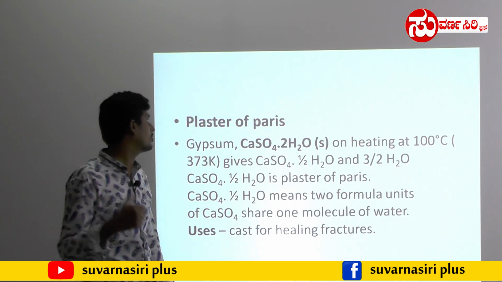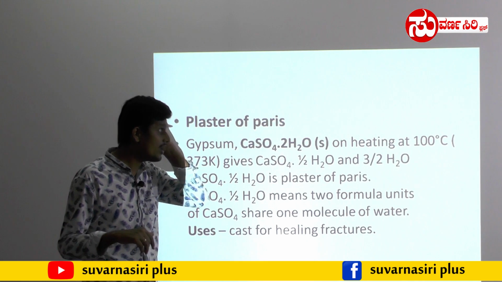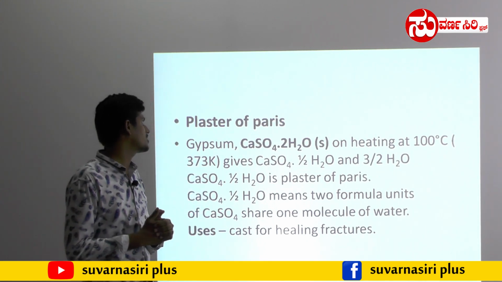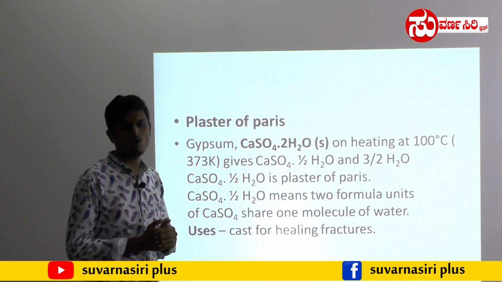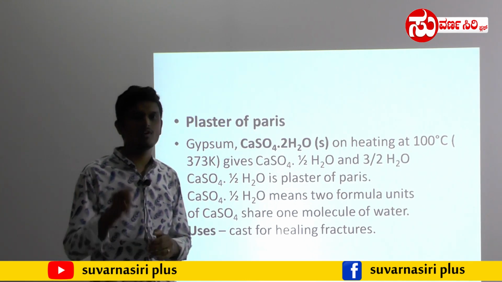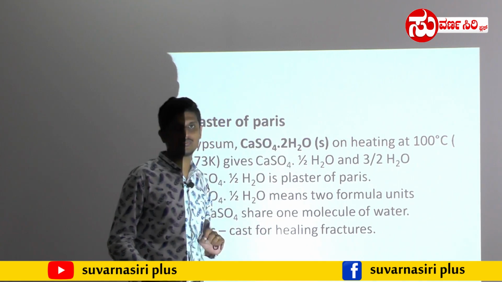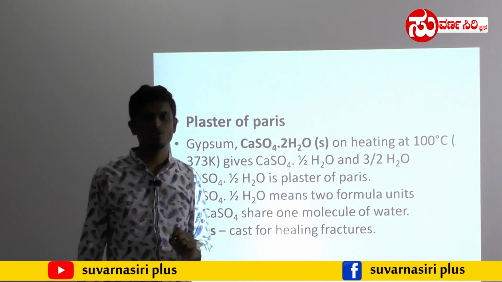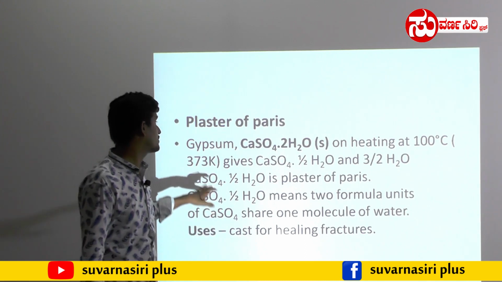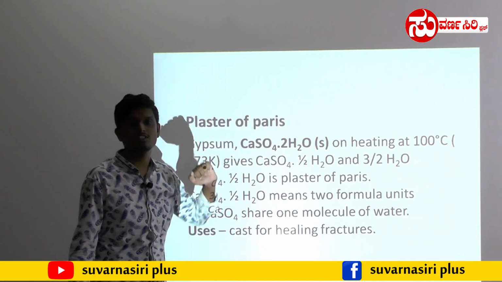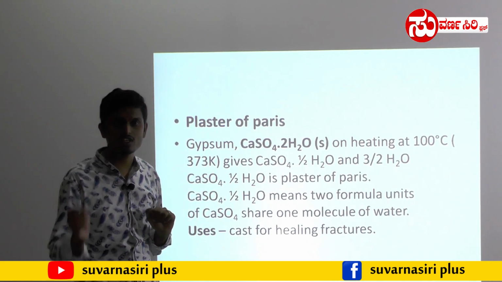Then we will move on to the next one, plaster of Paris. Plaster of Paris, that is POP, we generally call it POP. How POP is formed: CaSO4 dot 2H2O is called gypsum salt.